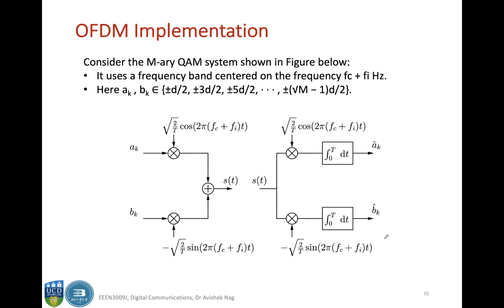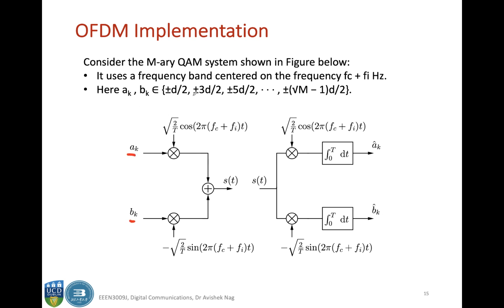Now let's move on and see how an OFDM system could be implemented. Let's consider an M-ary QAM system. It uses a frequency band centered on the frequency fc plus fi, and you have these symbols denoted by AK and BK.